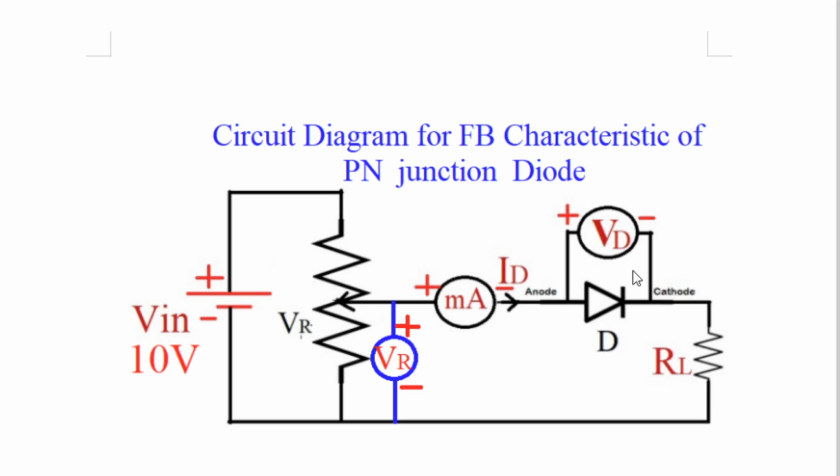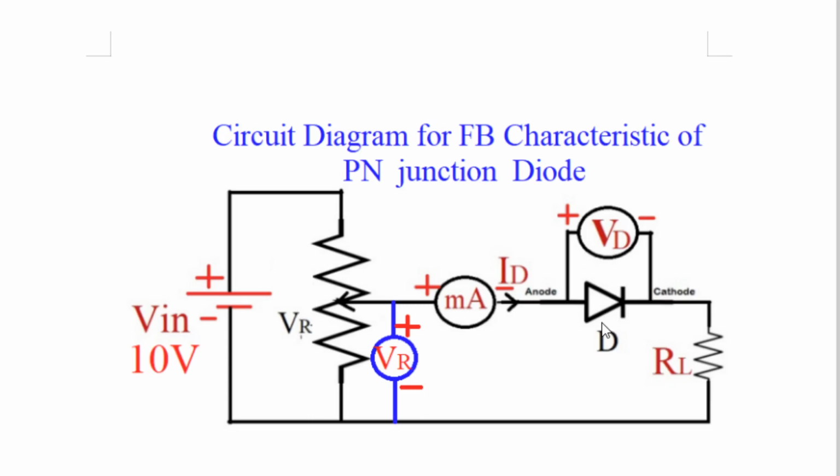Therefore, when you perform the practical at room temperature, instead of conducting at 0.7 volt, this diode starts conducting at 0.6 volt only, a little bit earlier than 0.7 volt, because the diode is a semiconductor component, and if you expose it to high temperature, then the electrons in the PN junction diode are thermally excited, and therefore the PN junction diode will start conducting at 0.6 volt only instead of 0.7 volt.